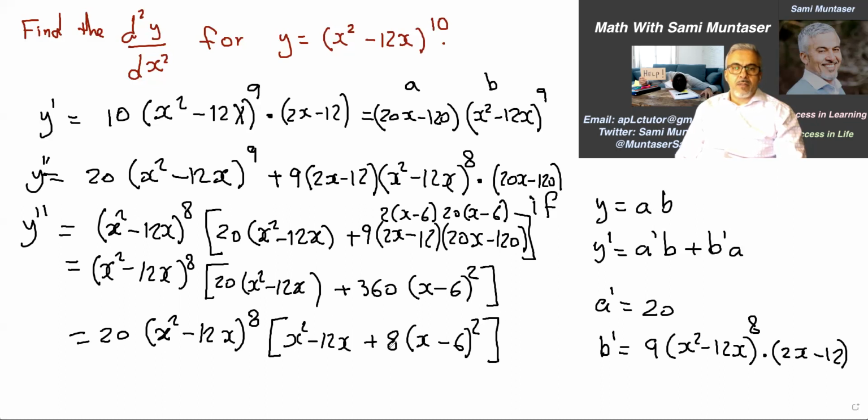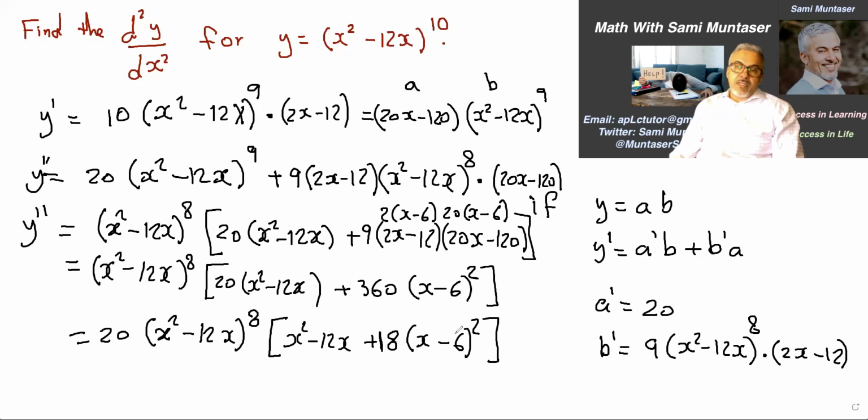What am I doing? Sorry, that's 18, not 20. Yeah, 18. Because 18 times 20 will be 360.